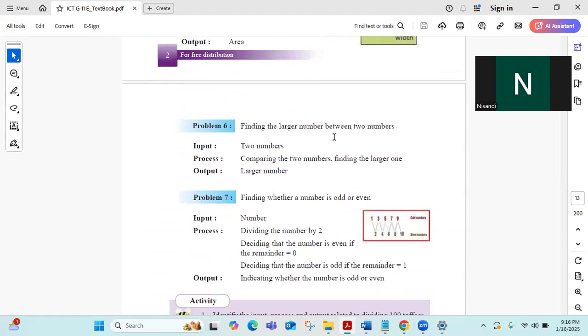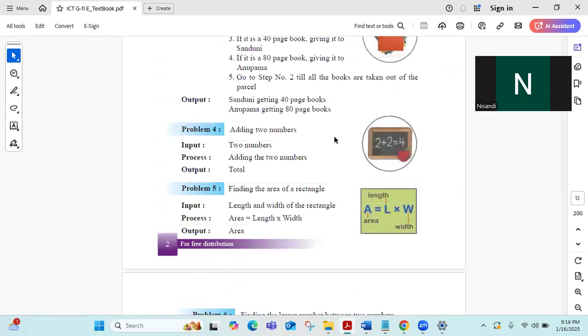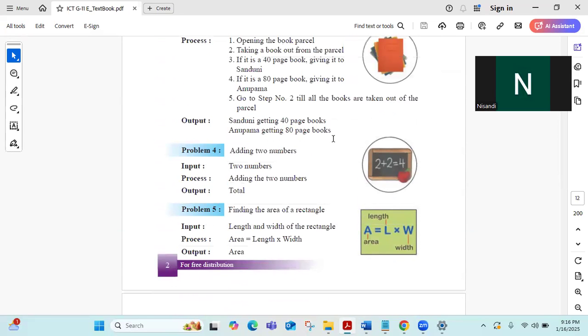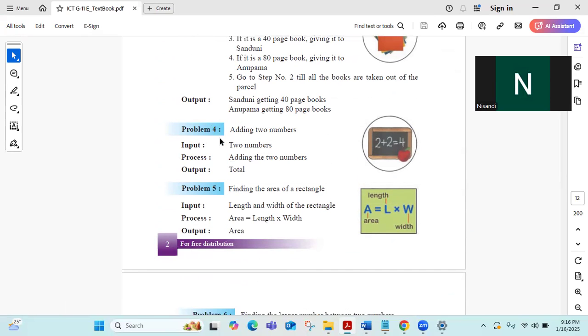We write programming to solve some problems. Okay. So in this module we will learn Pascal language. We have to study Pascal language for your exam. So Pascal will be introduced here.